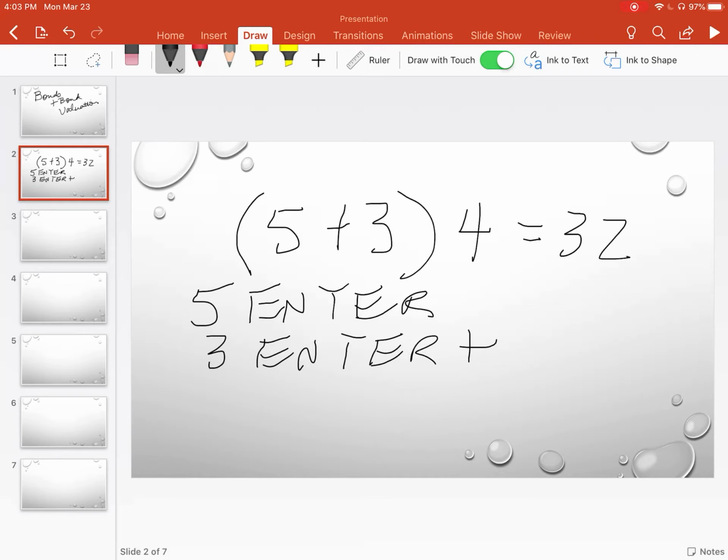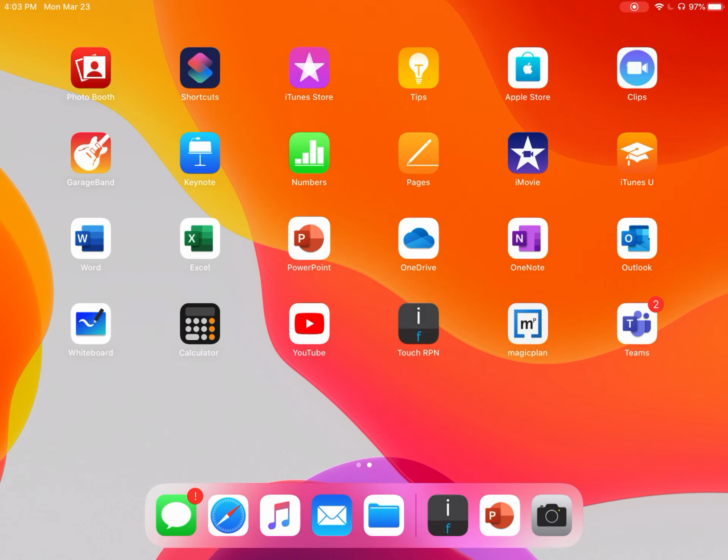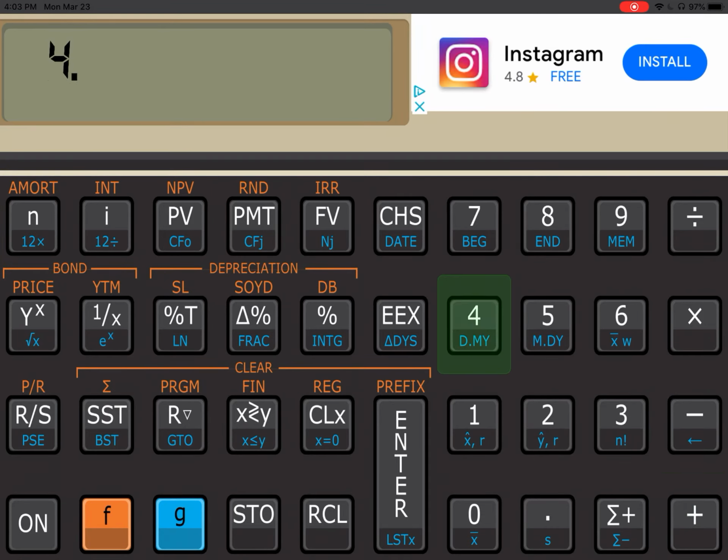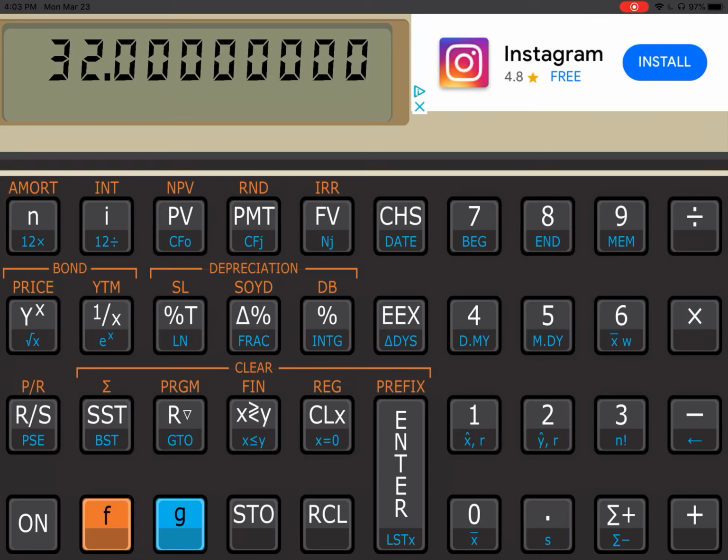Then we want to multiply 4 times, so it would just be 4 times. When we go back, 5 enter, 3 enter, plus, 4 times should give us that same function. So let's clear, 5 enter, 3 plus is 8, and then 4 times is 32. I wanted to walk through that with you.